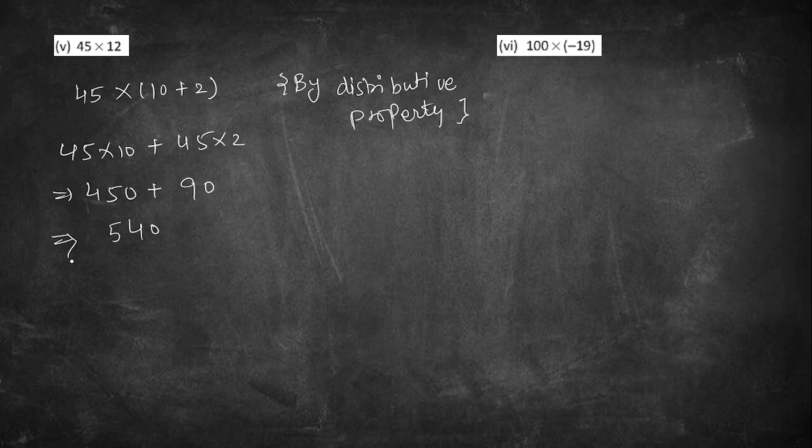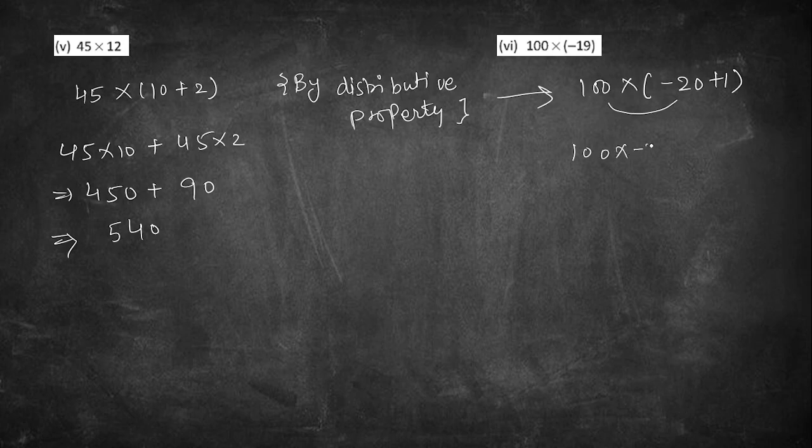Okay. Now the next bit, 100 into minus 19. Now this minus 19 can be written as minus 20 plus 1. So this can be written as 100 into minus 20, plus 100 into 1. The same property we are using, distributive property.